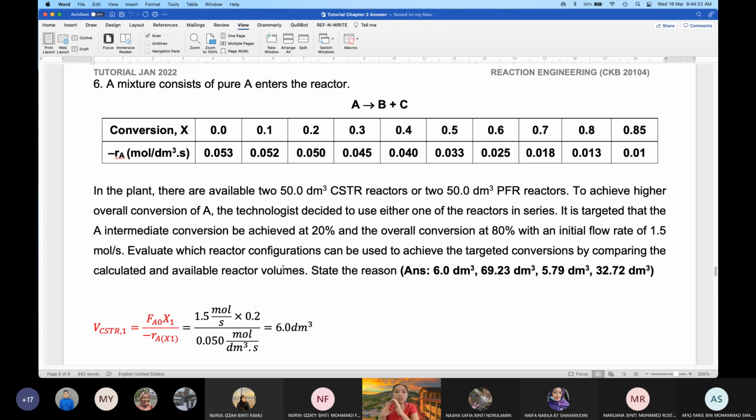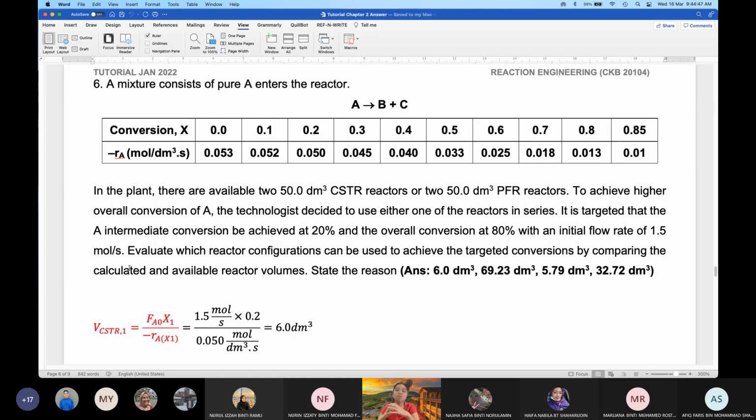Okay, so to solve this problem, what you do is compare the calculated and available reactor volume. Say you know your requirement of the conversion, you calculate the reactor volume needed. When you calculate the volume, that's actually the minimum volume of your reactor required to achieve that conversion.